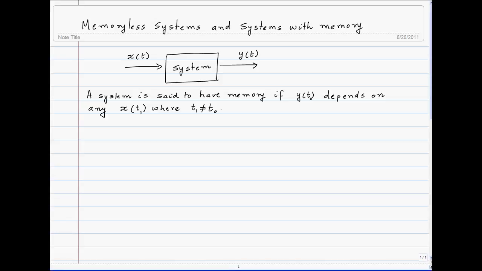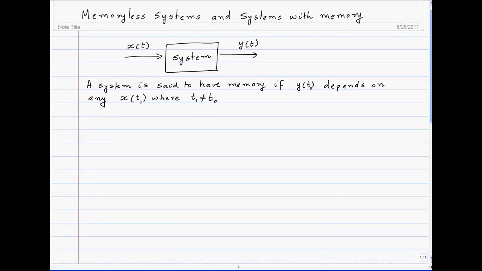I'll work out a few examples, and then I will also talk a little bit about why we say that these are systems with memory and without memory. I think it's best to motivate all this by giving an example of a system that has memory.